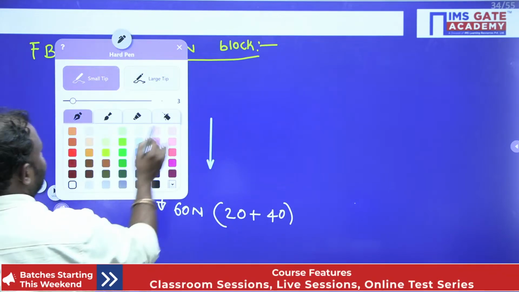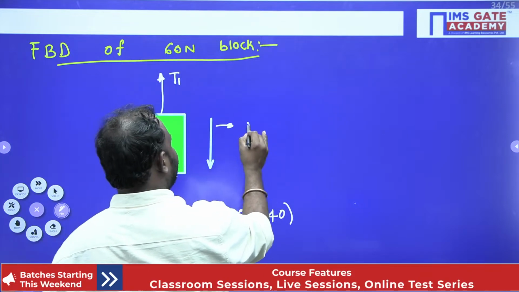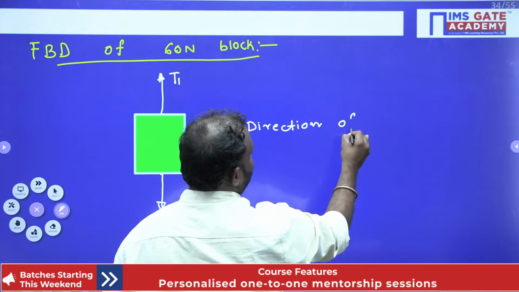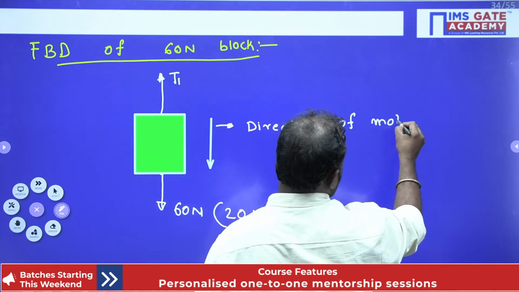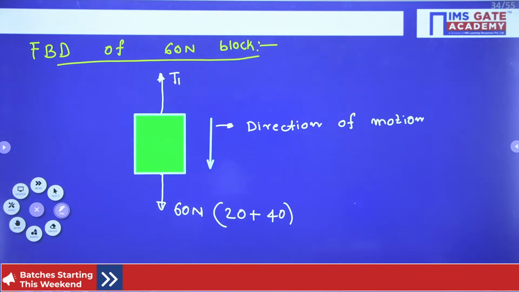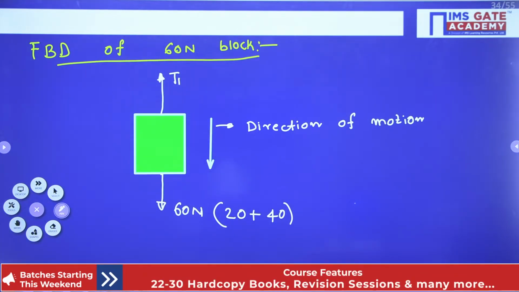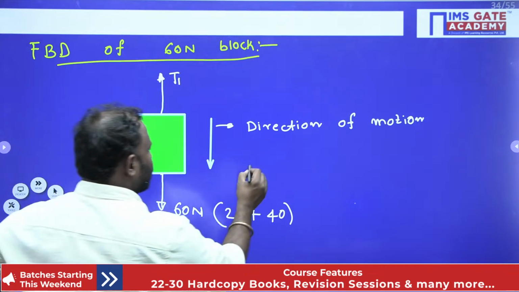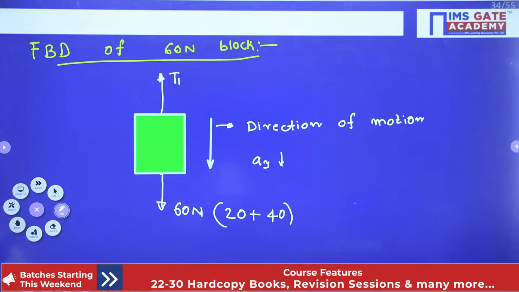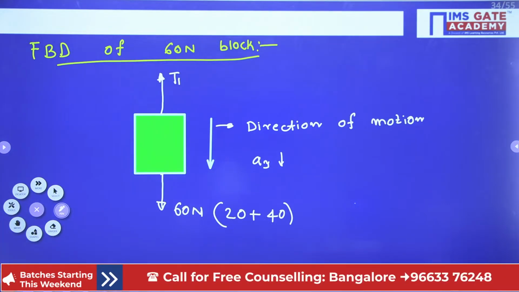Now I'll write the same over here: direction of motion. Now Ay is going to act downward, isn't it, guys? Right? Now let's plot the equation, guys.